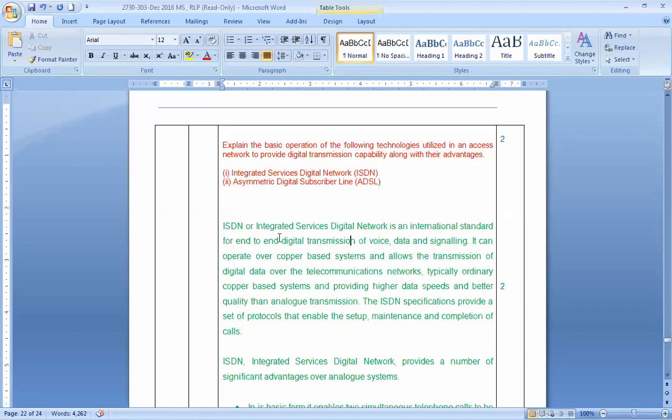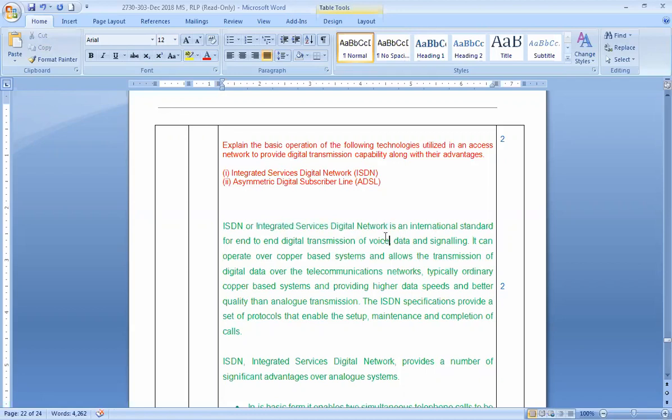Fine. So ISDN, or Integrated Services Digital Network. The word itself says integrated, which means you are able to use a lot of services along with the usual calls and establishing connections and all the stuff.